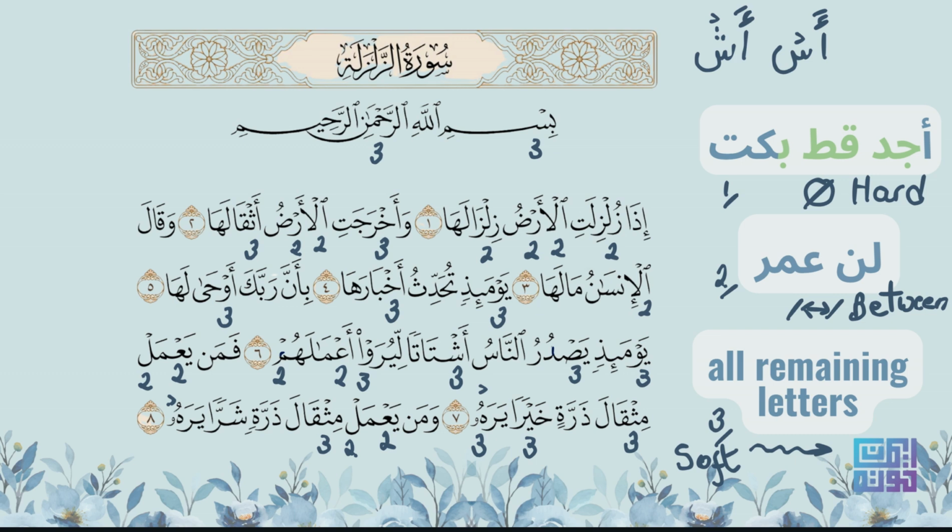Zulzilatil ardu, zilza. Totally wrong. Okay? Totally wrong. And some people would also put the kha in a different group and say wa'akh. The exit of the kha is opened, so let the sound run. Wa akhrajatil ardu. And then let this tha run. Athqaalaha.